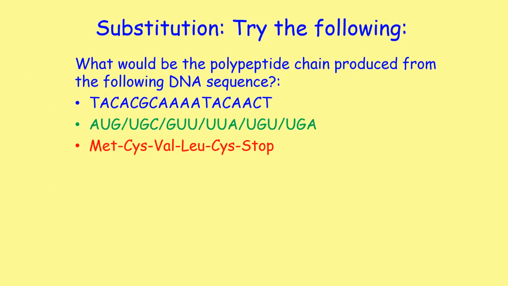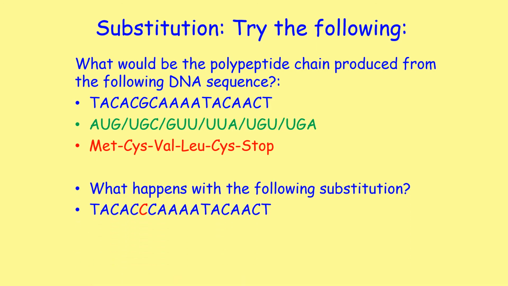In the next example, we're still going to look at a substitution mutation, but again we've got the same DNA sequence and the same polypeptide sequence, so this is the one that is not mutated. Now, I want you again to have a little think using your mRNA codon table, what would happen with the following substitution mutation? So here in that second DNA triplet, that guanine base has been replaced with a nucleotide with a cytosine base.